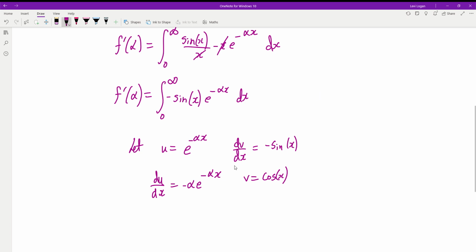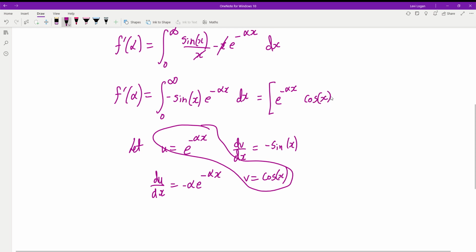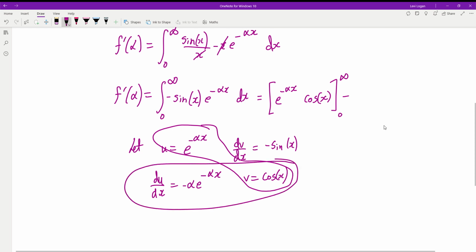Now the formula for integration by parts is pretty much these two bits here multiplied together, so we'll have square brackets, e to the negative alpha x cos x, from 0 to infinity, minus these two bits here. So then we have minus, now we've got a negative here, so we can turn that into a plus, pull the alpha out, and we have the integral from 0 to infinity of e to the negative alpha x cos x. Righto. So hopefully that all makes sense.